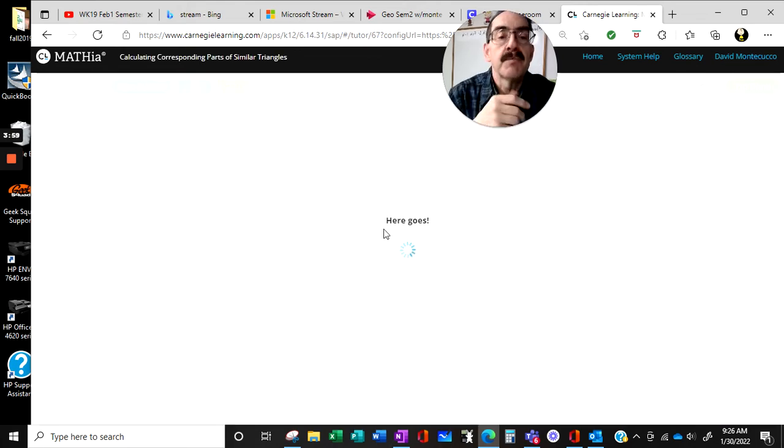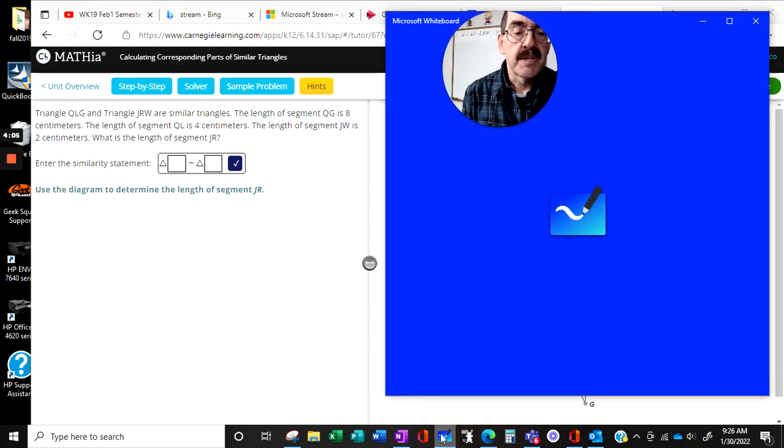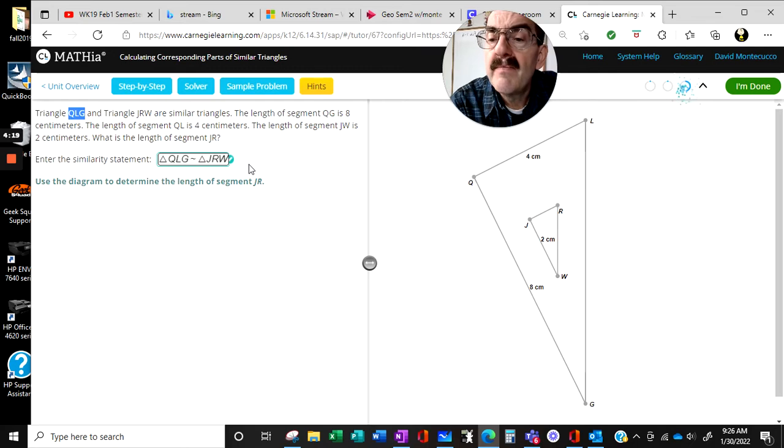Let's go to a problem. So everything is proportions, right? Everything is in proportions. I wonder if I should have pulled up my smartboard here. Okay, so now the similarity statement, they gave it to us. QLG, see right here, QLG is equal to JRW. Check it.